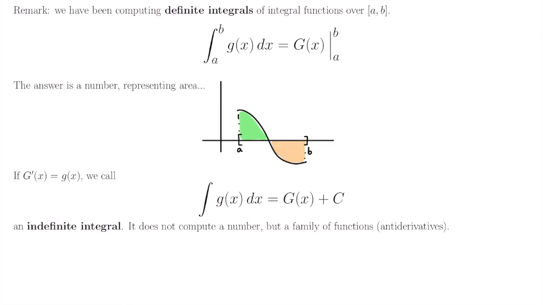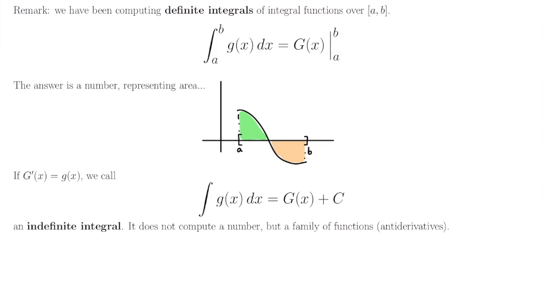So whenever we compute a definite integral like this, the result is a number. We use an antiderivative in order to more easily calculate that number, but at the end of the day, what we've computed is some kind of area computation. There are other applications of integration, of course, which would compute volume, surface area, arc length, things like that. But whenever we have a definite integral, we're measuring something.